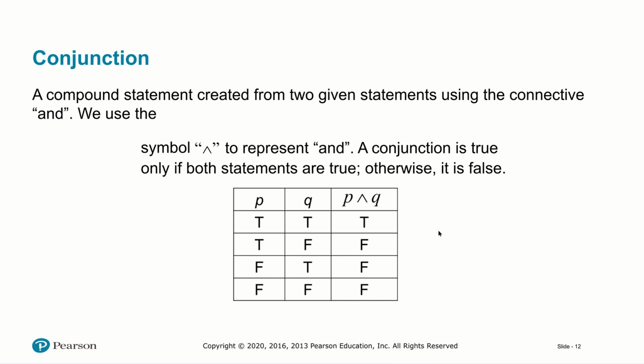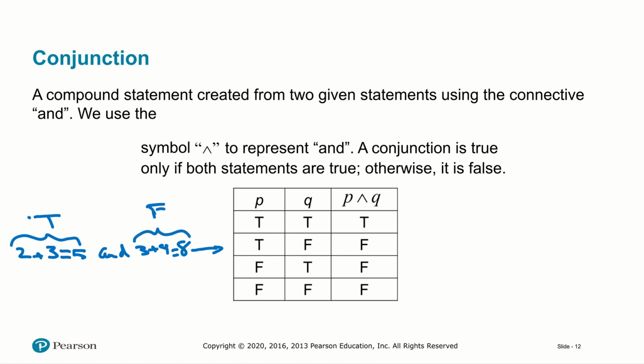If you look at some simple examples, you'll see why this is true. For example, let's say the first statement, P, is a simple statement like 2 plus 3 is 5. And I put the connector and I say, and 3 plus 4 is 8. Now, obviously, we know that this one is true, but this one is false.